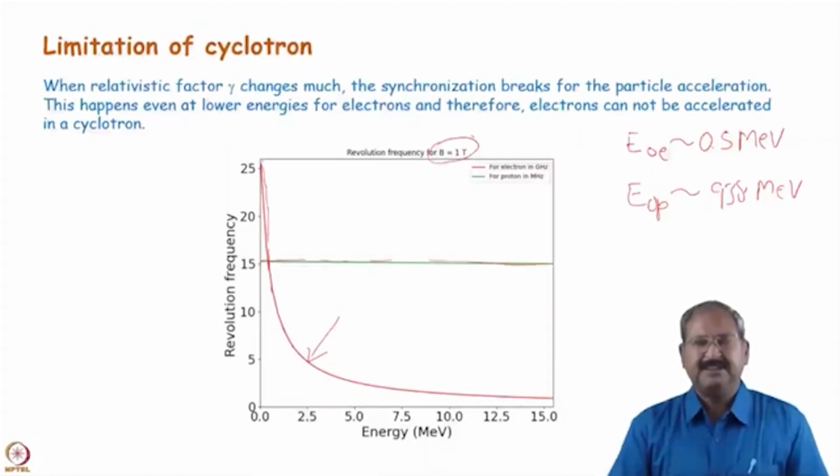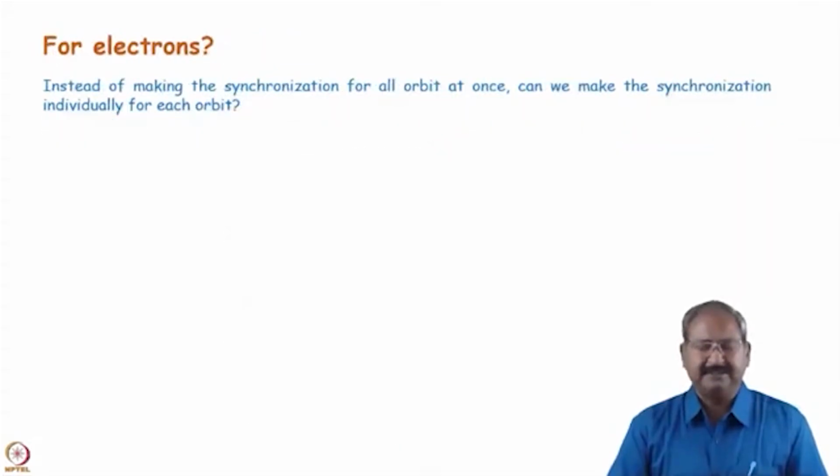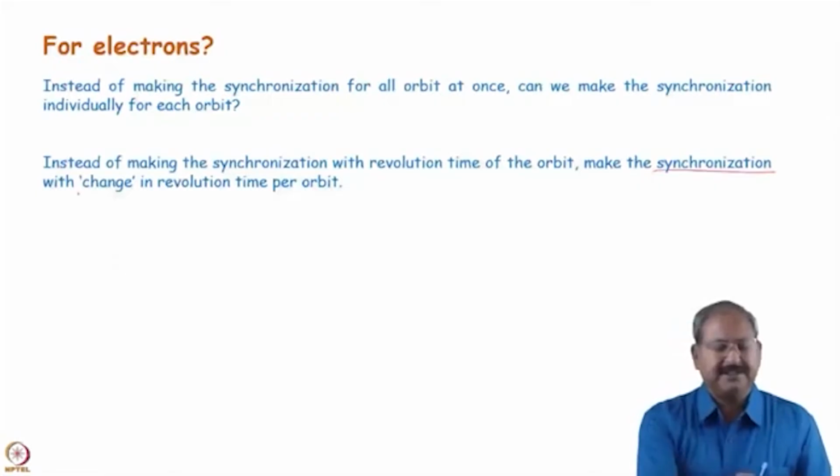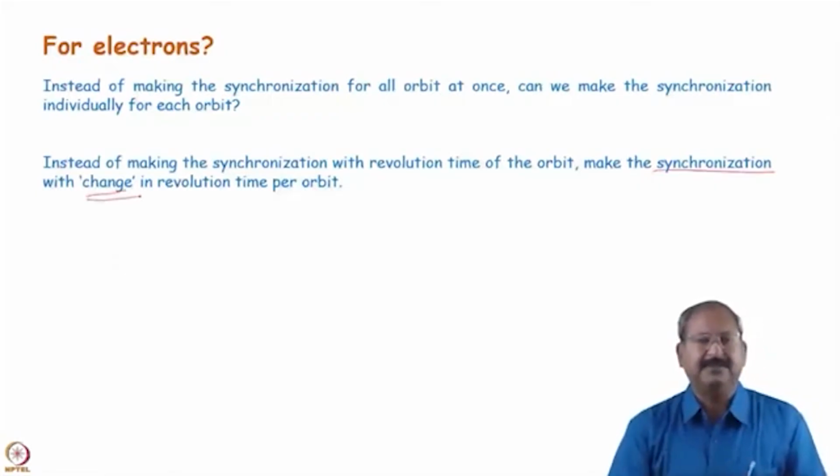So how can we accelerate electrons in circular or cyclic accelerators like the microtron? We have to change the technique of synchronization we are using in the cyclotron. Instead of synchronizing with the revolution time of the orbit, we synchronize the change in revolution time of the orbit.